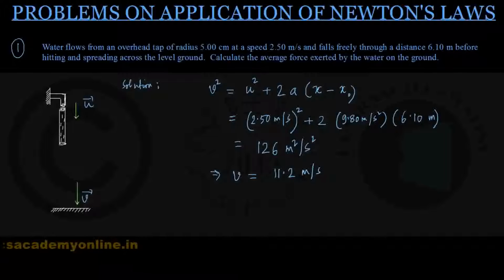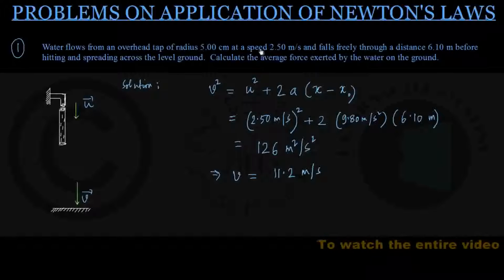I have always said while I do the problems, you also make calculations yourself and confirm the figures. So the speed with which the water particles hit the ground is found to be 11.2 meter per second, significantly higher than the speed at which it came out of this water tap. That was only 2.5 meter per second.